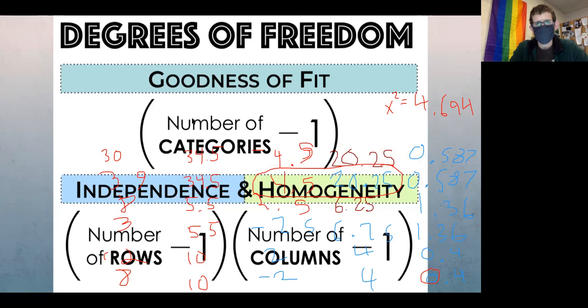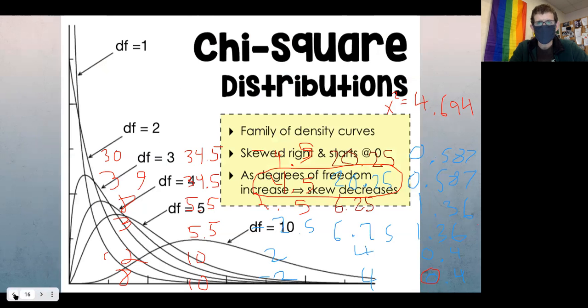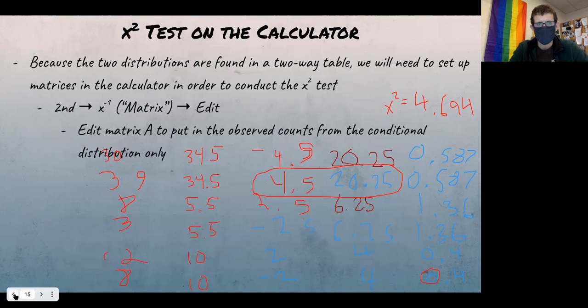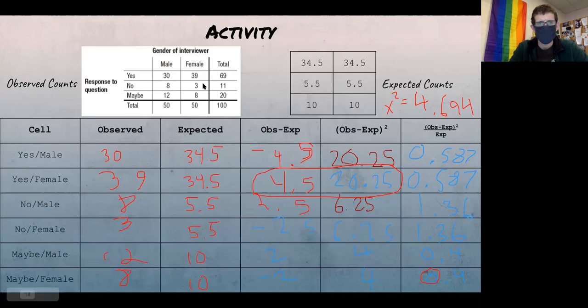So for goodness of fit, we took the number of categories and we subtracted 1. Now in the test for independence and homogeneity, you take the number of rows minus 1 and multiply it by the number of columns minus 1. Essentially, this is the same thing. So in this case, we're only worried about this part right here, the conditional distribution of everything, not the marginal totals.